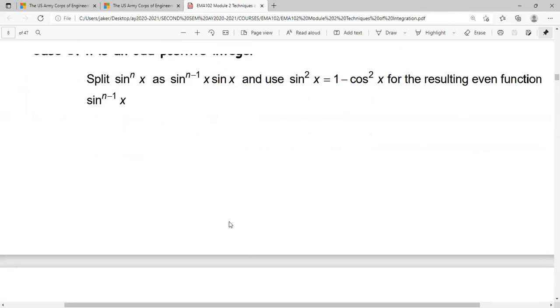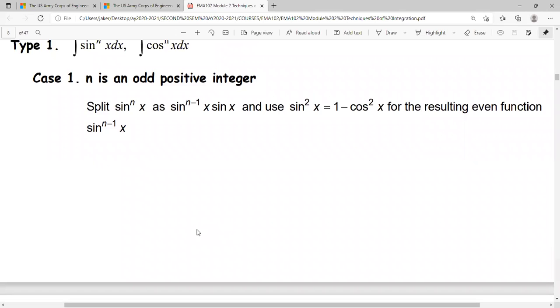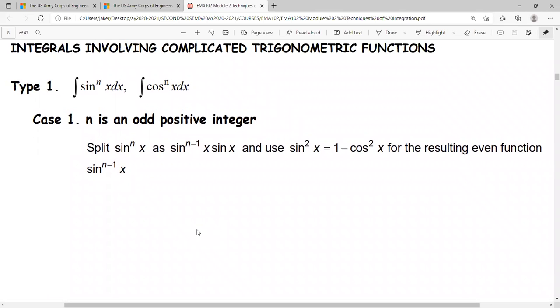So split your sine or your cosine function, which is raised to a positive odd exponent, into one which has an even exponent and the other one is odd. That particular function, which is odd, should have an exponent which is equal to 1.